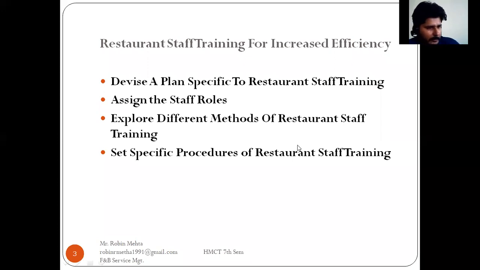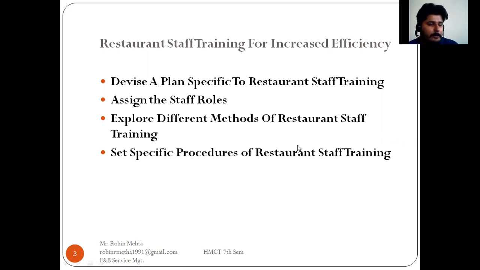And explore different methods of restaurant staff training. What can we do to increase the efficiency of the training staff? We can explore some different methods of training, okay. Like the development of technology, maybe we have developed in technology and in knowledge.